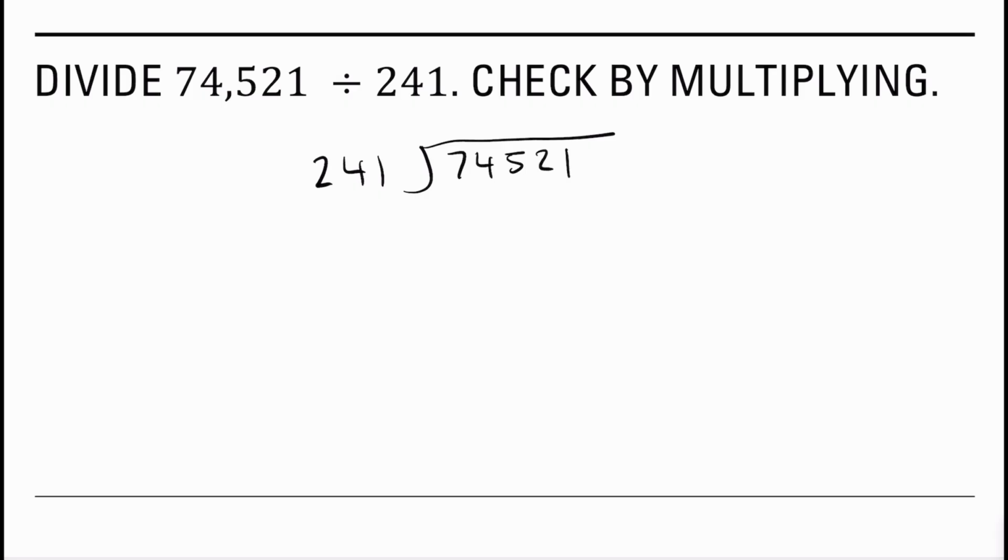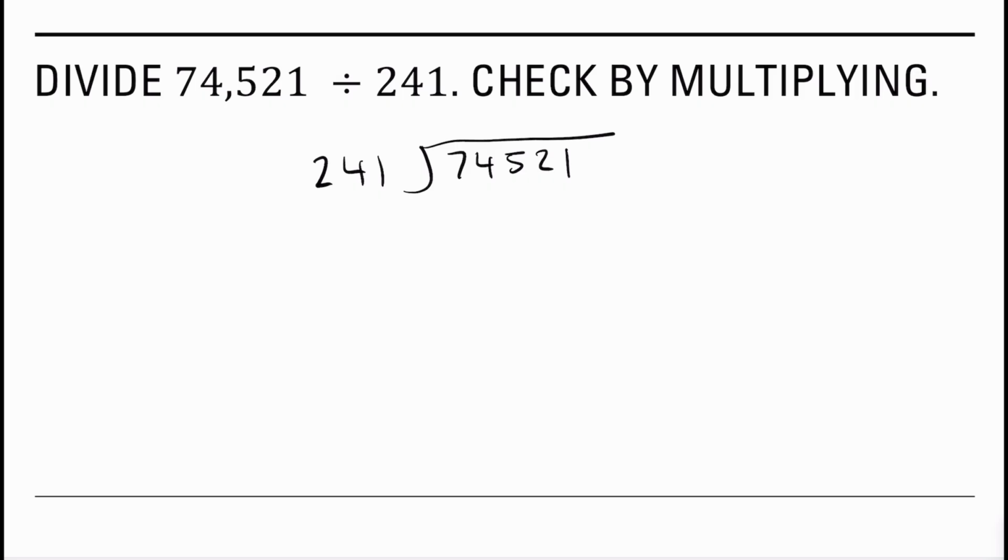And so we can go straight to our third column. So we would look at how many times does 241 go into 745. And so when I'm working with larger numbers like this, I like to keep my calculator handy. I don't particularly feel like checking how many times 241 goes into 745.